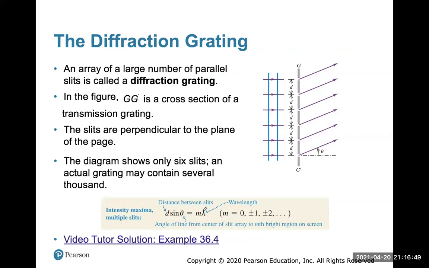we change the lambda that produces intensity maxima there. And we can use this to resolve multiple wavelength light into its constituents.